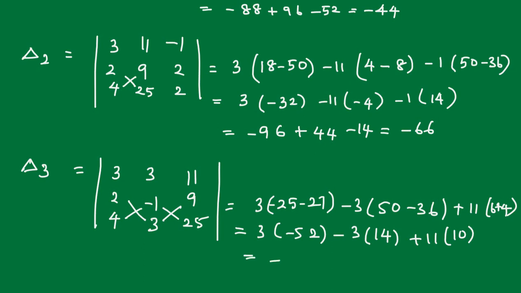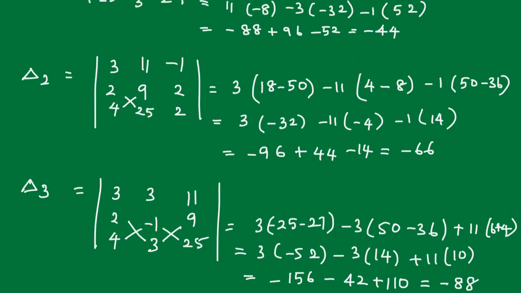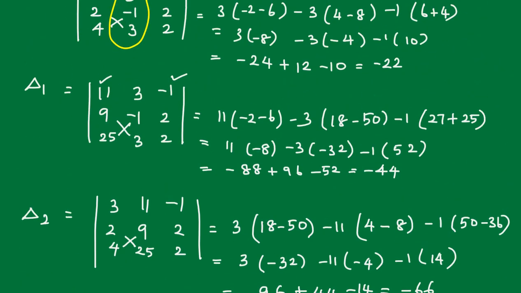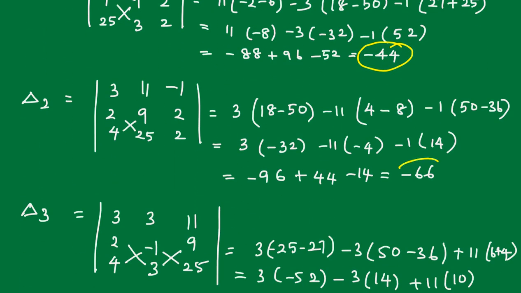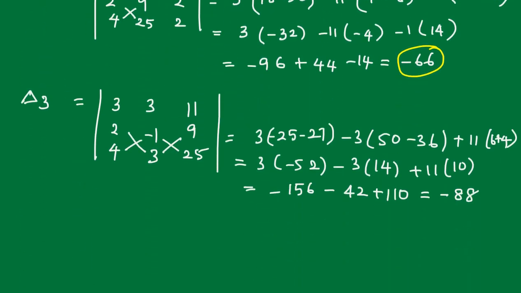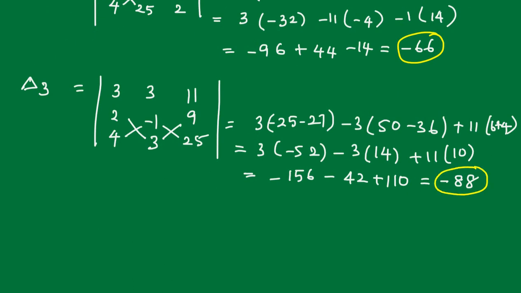Now 3 into 52 is minus 156, minus the next element, 14 into 3 is 42, plus 110, which is equal to minus 88. So now we have found delta is minus 22, delta 1 is minus 44, delta 2 is minus 66, and delta 3 is minus 88.